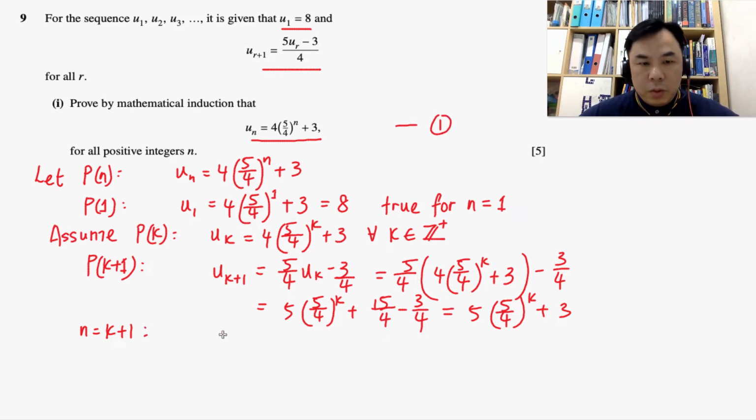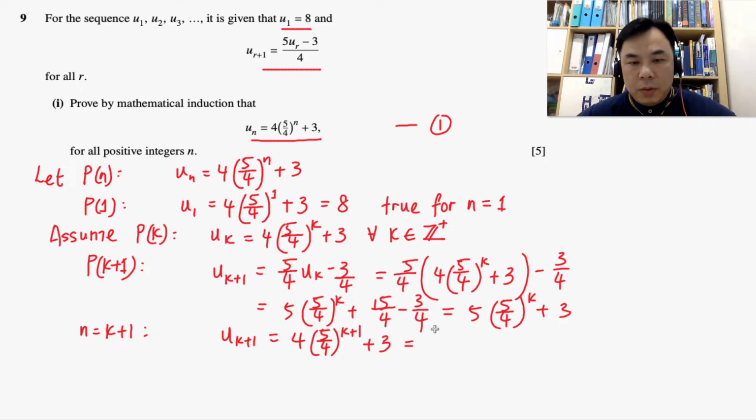So from this equation, we have k plus 1, and that would typically give us a 5 over 4 to the power k in this case, because I open up the index, which is 5 over 4, so you can simplify this to become a 3. Therefore, we prove that yes, this sequence is true for when n is equal to k plus 1. Therefore, this proposition is true.